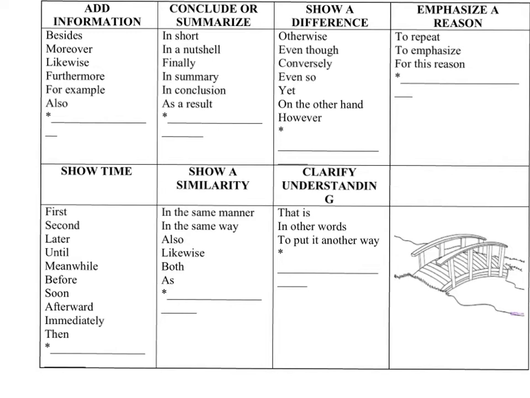So if I have a paragraph and I'm giving you, like my favorite sport is roller skating, I might add more information by using some of these transitions, such as I really love to roller skate. For example, I like to glide across the floor. So there's all sorts of different transitions that we can use here today.